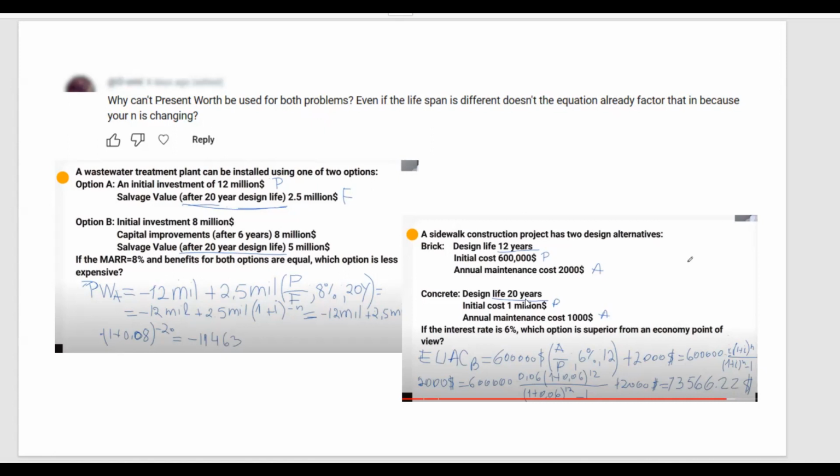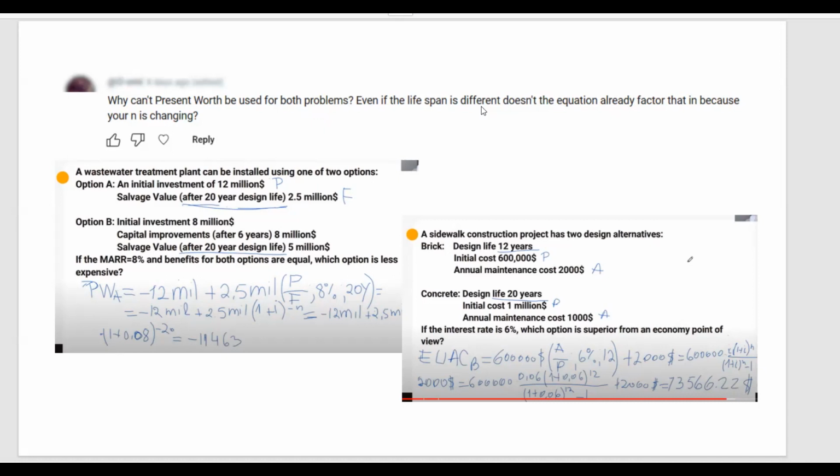You have to convert it into a unit that is the same, which is an annual amount, thus the equivalent uniform annual cost. So this is the explanation as to why I used present worth in my first problem and then why I used the equivalent uniform annual cost in the second problem. So I hope that answers your question.